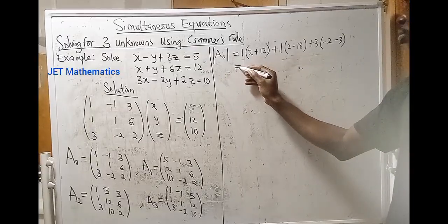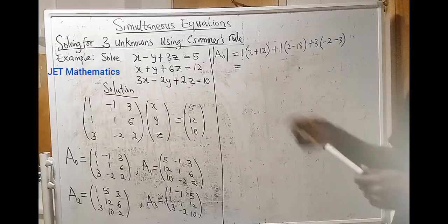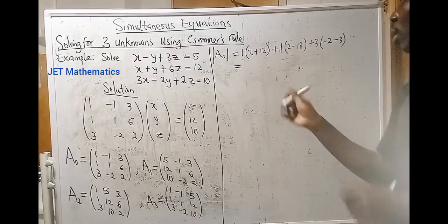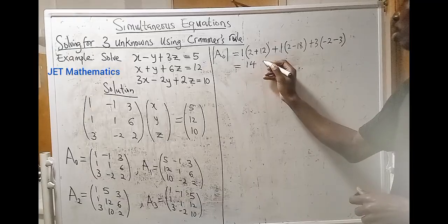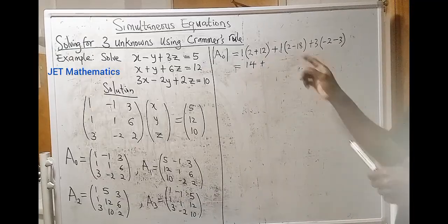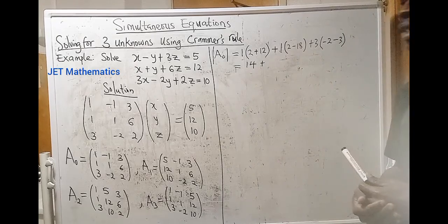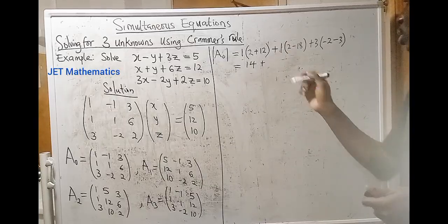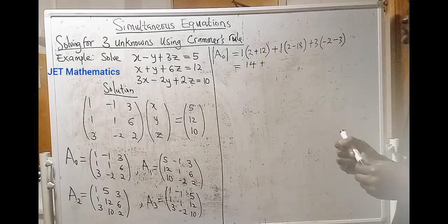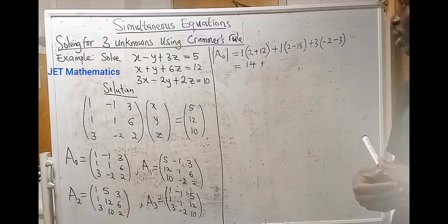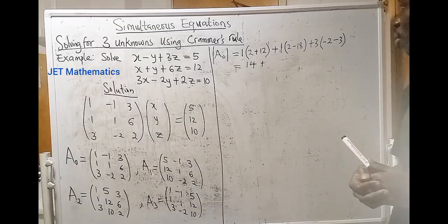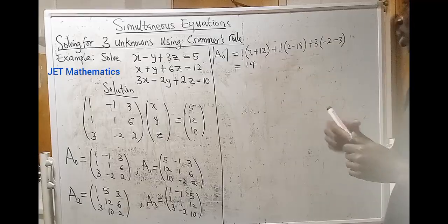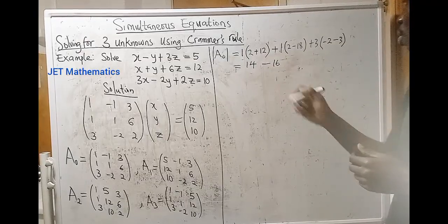So this gives me 12. 12 plus 2 is 14. 14 times 1 is 14, plus 2 times 18 is 36. 2 minus 18 rather is minus 16. And then minus 16 times 1 is minus 16.